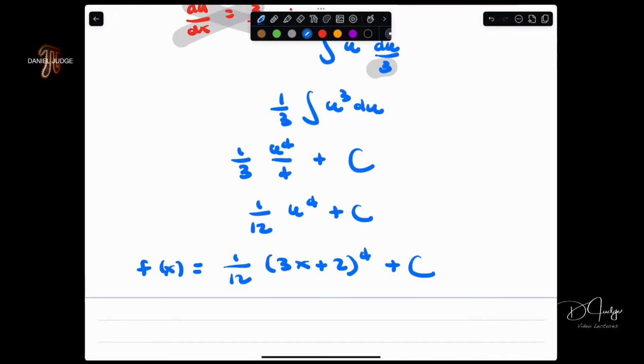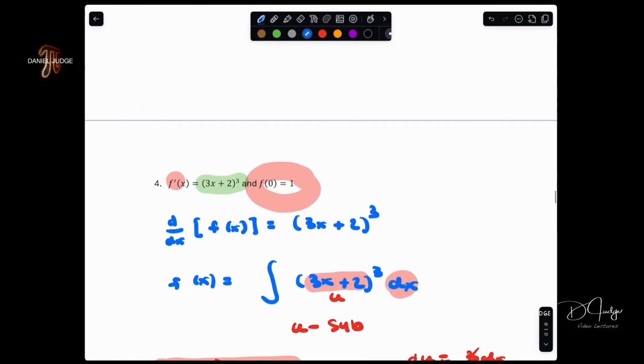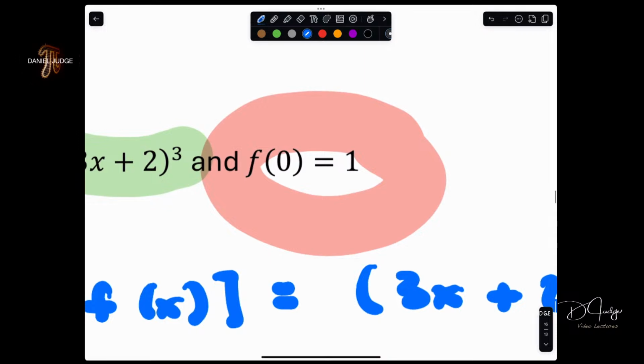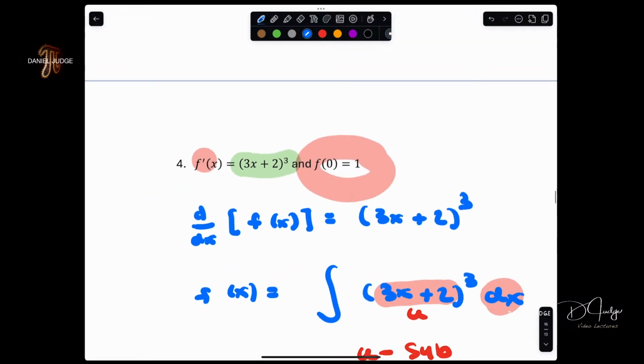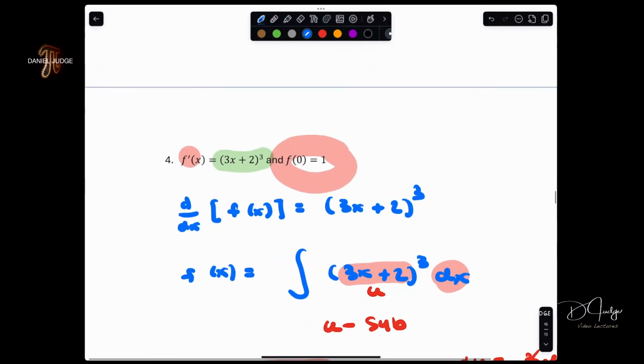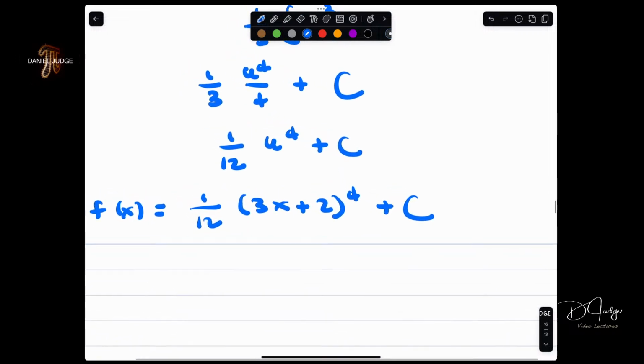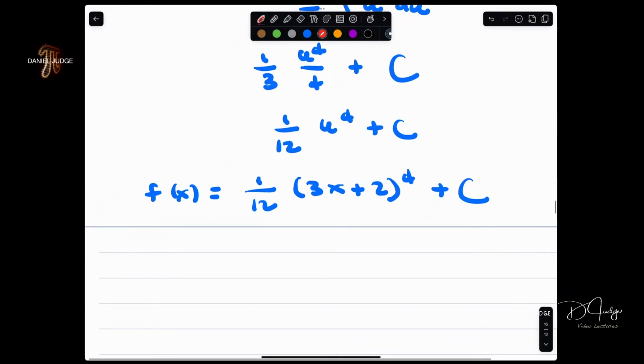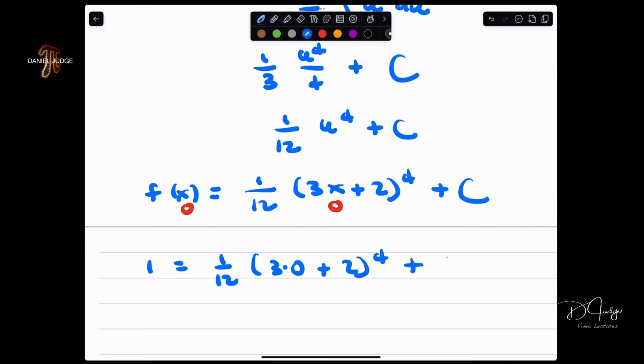Okay, we did our integration. Now, this condition we have to apply is f of 0 is 1. We've got to solve for c again. So, okay, f of 0 is 1. Plug in 0 wherever there's an x, and that value is actually 1. So 1 is 1/12 times 3 times 0 plus 2 to the fourth, plus c.